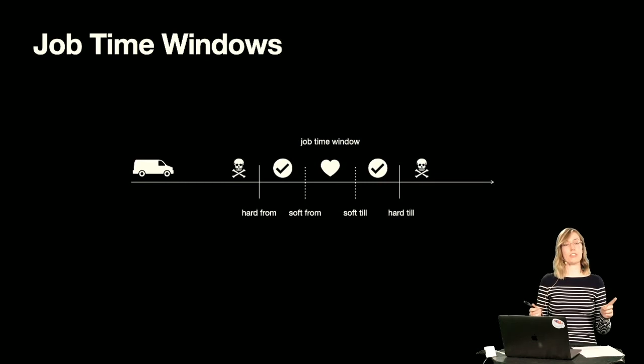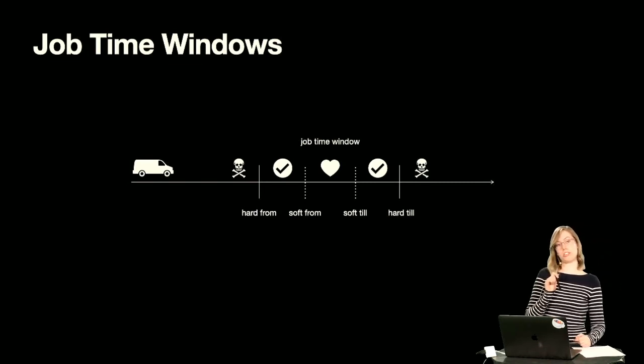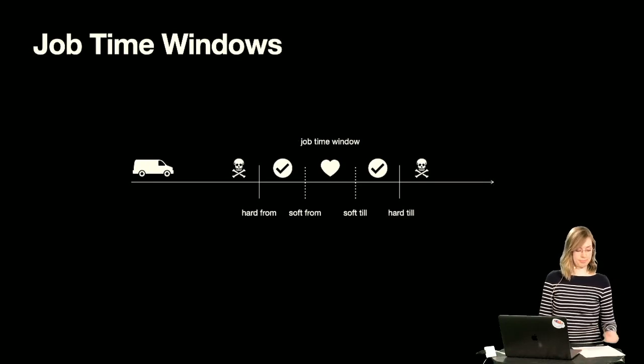And then we have the space between hard from and soft from, where we say, okay, it would be okay to do it in this time, but we would prefer to actually be between the soft from and soft till. So they get a penalty between the hard from and the soft from, or the soft till and the hard till, but it still would be a valid solution. But of course, if it's actually in the sweet spot between the soft from and the soft till, it's perfect, and we want it to be like this.